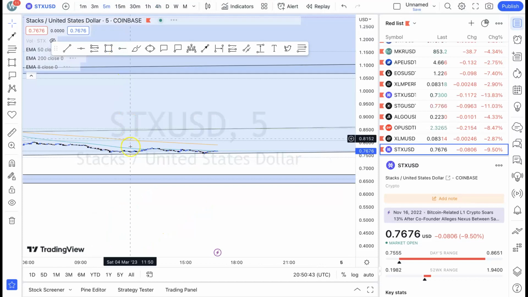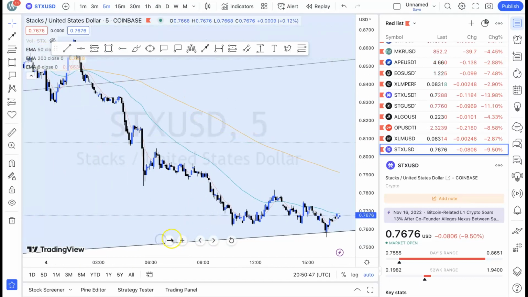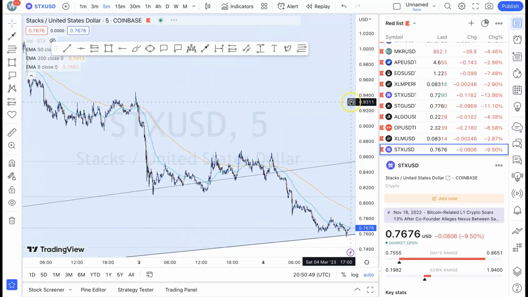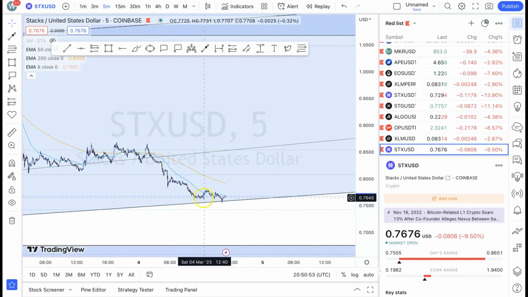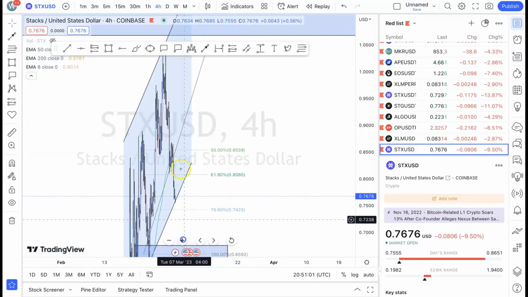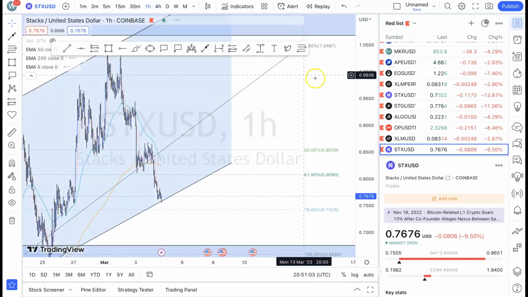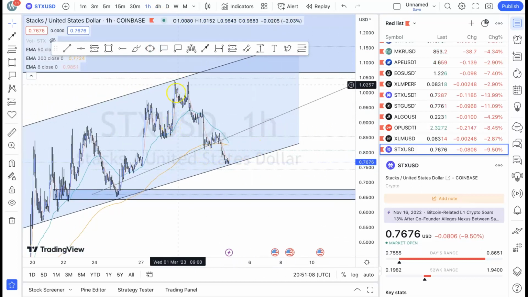Of course, you might want to also look at the 5-minute chart to see how we are trending as well, even though we're trending quite bearishly here. So gradually you observe from lower time frames how price is recovering. So this is all I can see on Stacks, and I think price has trended bearishly, right?